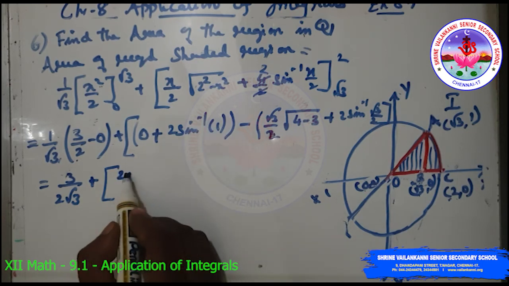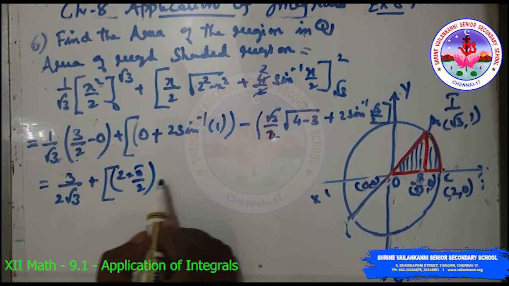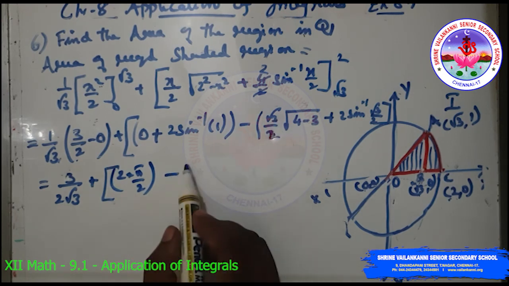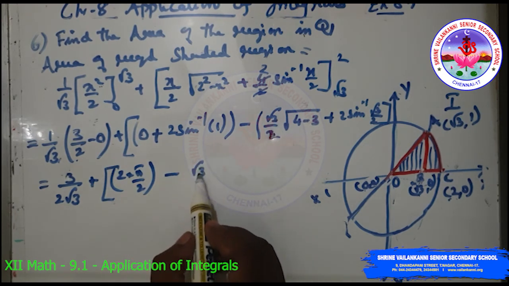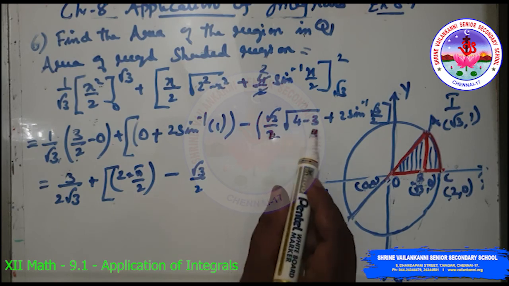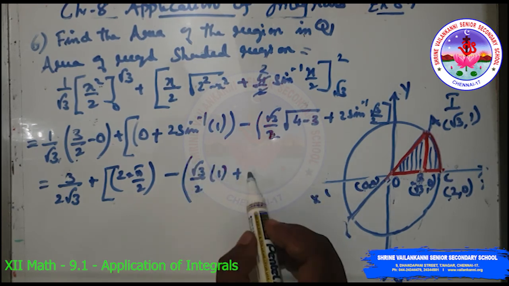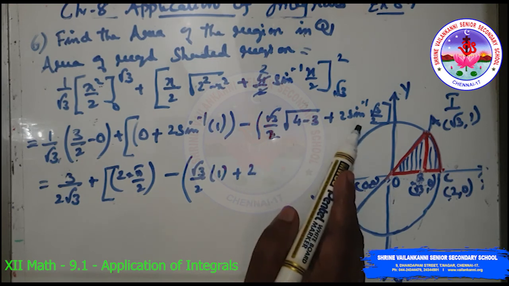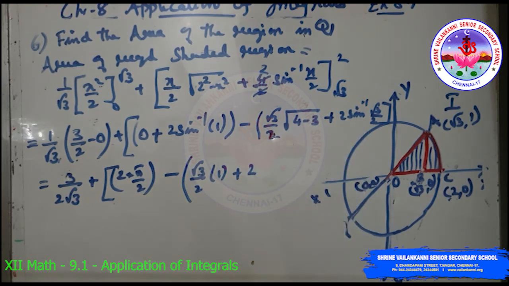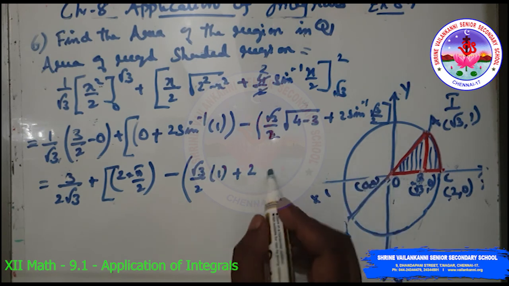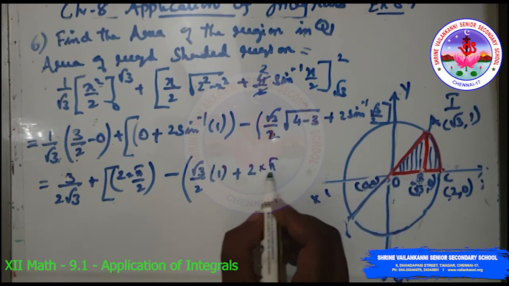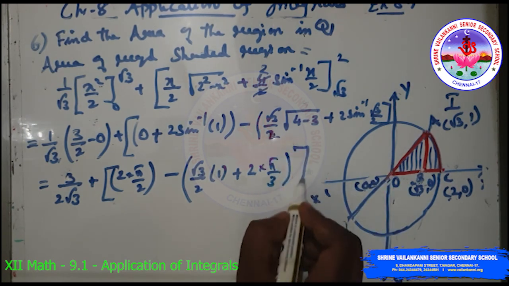So 2 into pi by 2 minus root 3 by 2, 4 minus 3, so root 1, which is 1, plus 2 into sine inverse of sine pi by 3, so 2 into pi by 3.